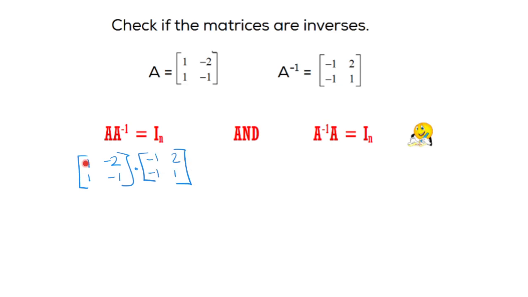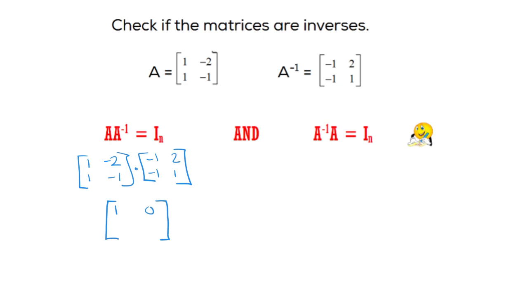Now we take first row, first column. Remember, it's a 2 by 2 times a 2 by 2. I'm going to go down instead of across because I have more space here. I'm going to end up with another 2 by 2. So first row, first column, that's going to be a -1 and a +2. First row, second column, that's a 2 and a -2.